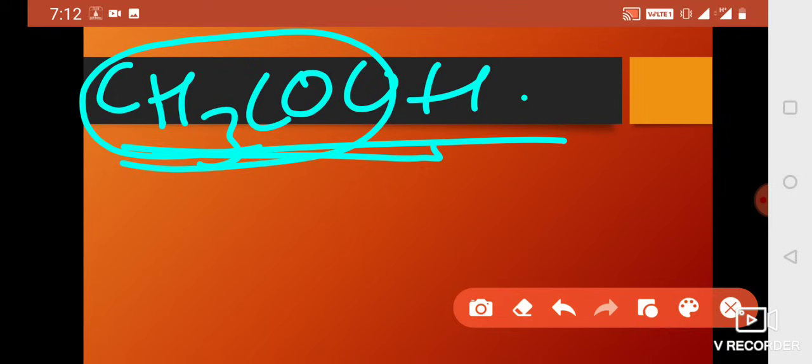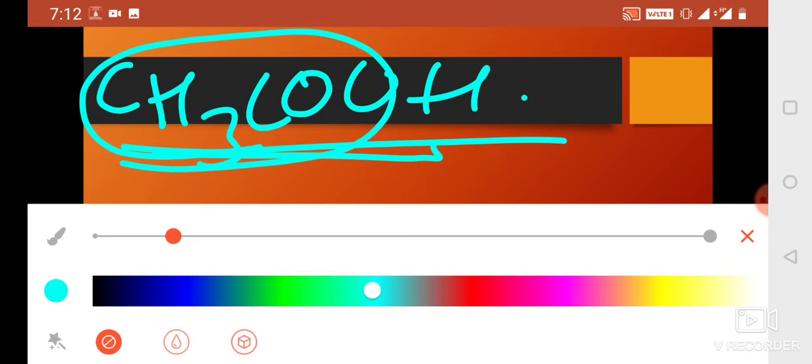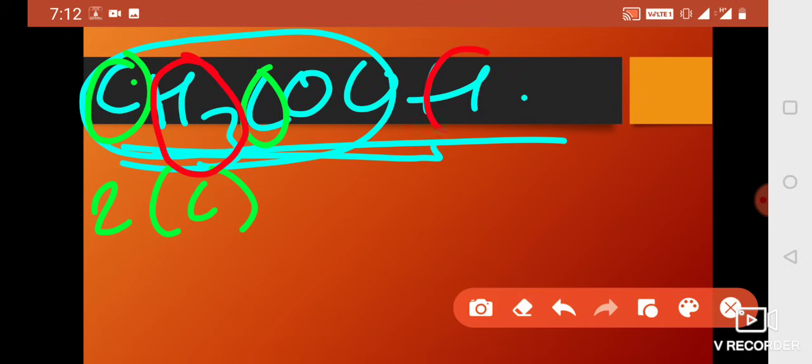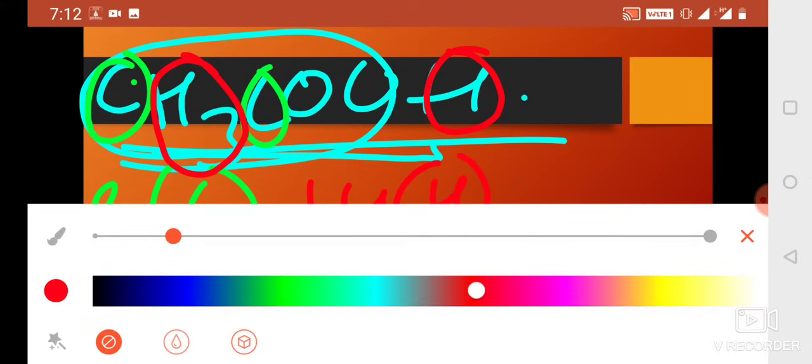We have to separate, like we change in color. Like how many C? 1, 2. So 2C. Now how many H? 1, 2, 3, 4. So 4H.